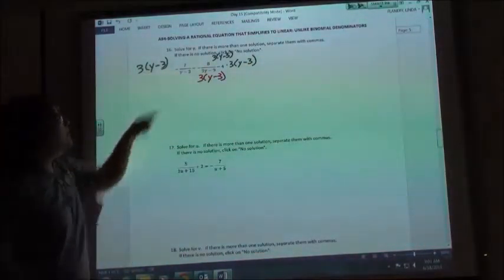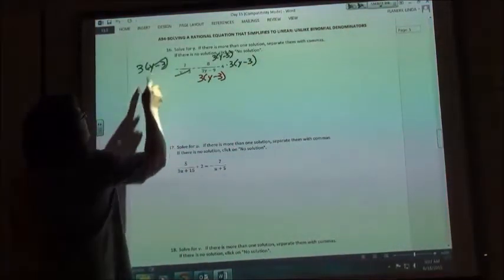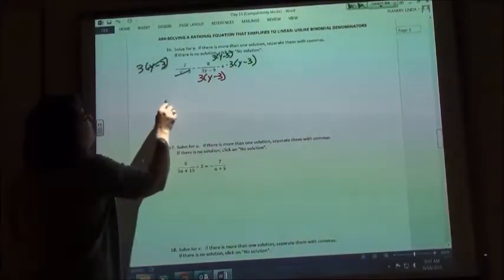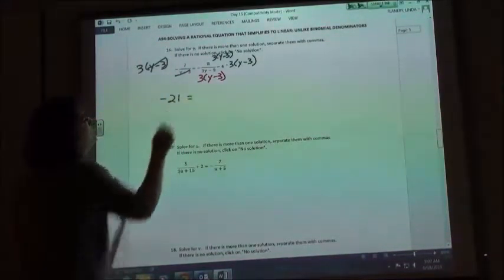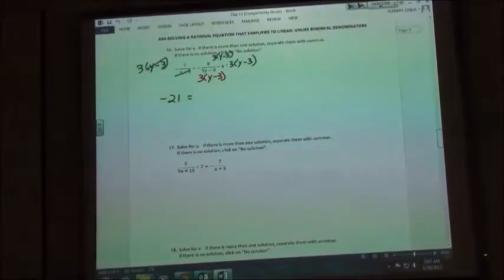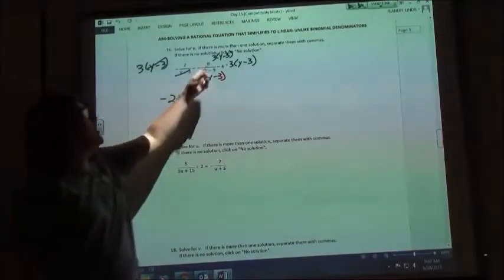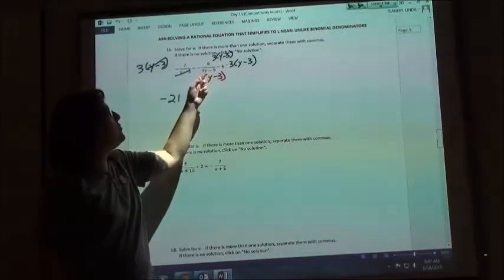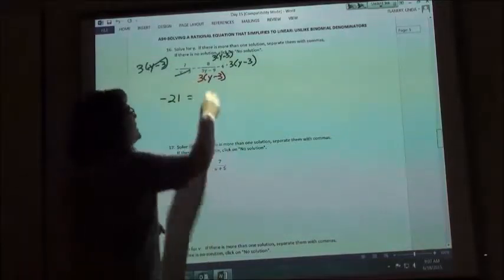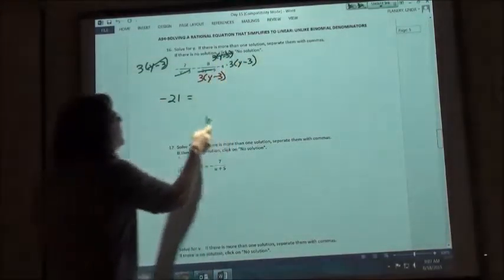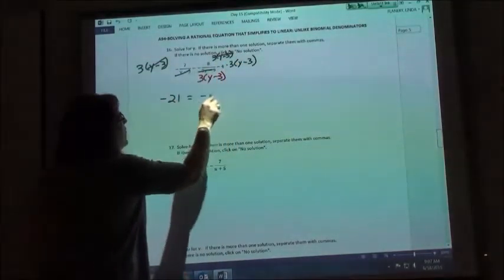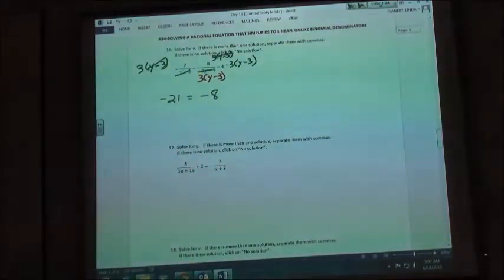Here my y minus 3 is going to cancel out. So 3 times negative 7 will be negative 21. Now here, hopefully you recognize that the 3 times y minus 3 is the same thing as the 3y minus 9, so the whole thing's going to cancel out. Don't forget the negative in front, so I'm going to have a minus 8 there.